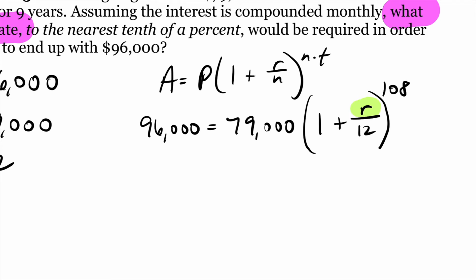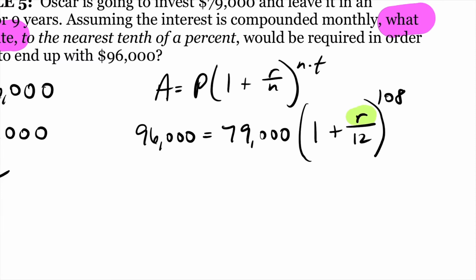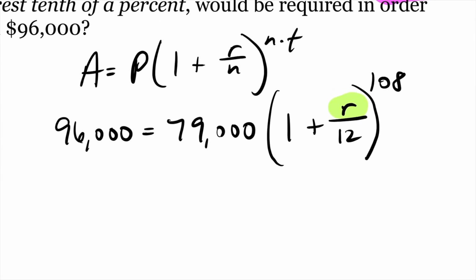Okay, now let's take a look at this. I want to get R by itself. So this is going to take some thinking here. What do I do next?